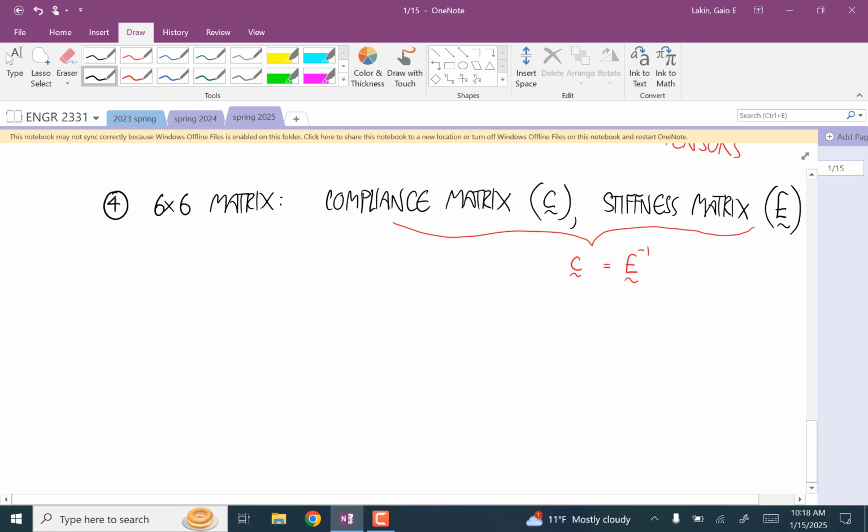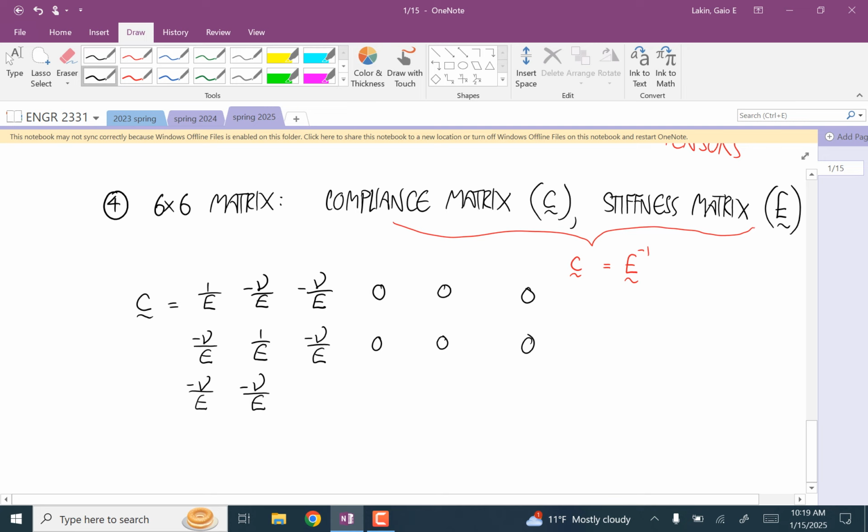So the compliance matrix has the elements 1 over the scalar E, negative Greek letter nu over the scalar E, negative nu over E, 0, 0, 0, and then negative nu over E, 1 over E, negative nu over E, 0, 0, 0, and then negative nu over E, negative nu over E, 1 over E, 0, 0, 0. So that's the first 3 rows.